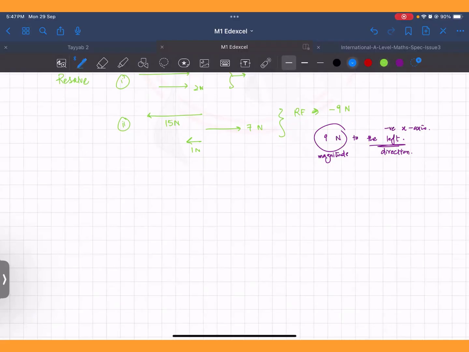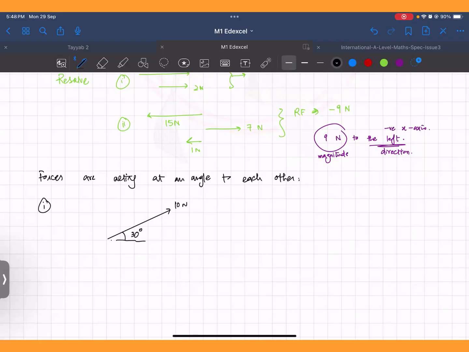For example, this force is 10 Newton at 30 degrees, and this force is 7 Newton at 40 degrees. They ask you to find the resultant force. How would you do that, do you know?